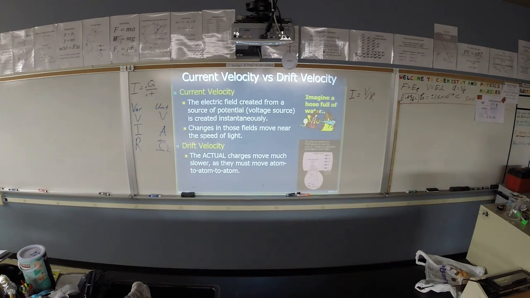So the electric field is lined up in one direction, and charges respond to it pretty much instantaneously, but the actual electrons cruising through the wire move much, much slower, a couple centimeters per second.